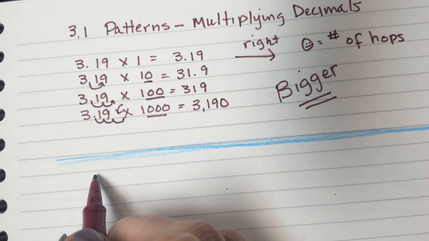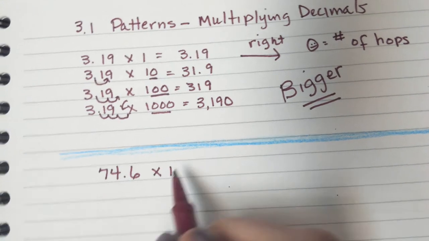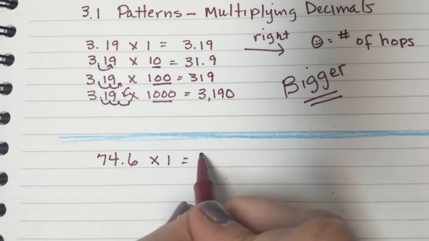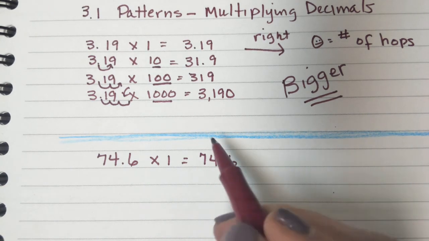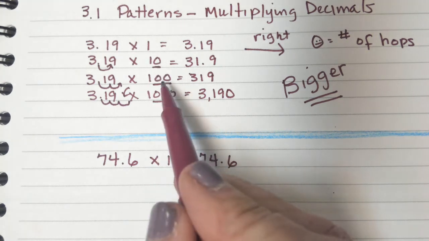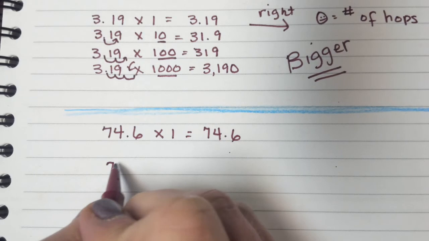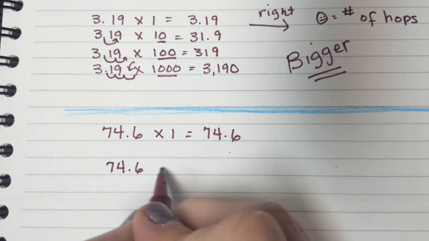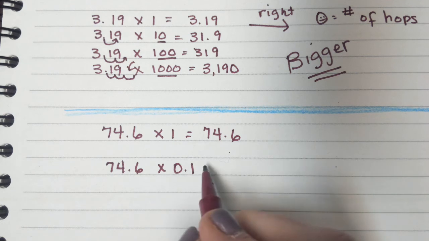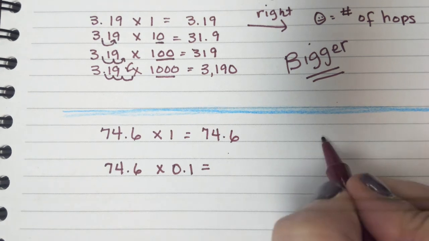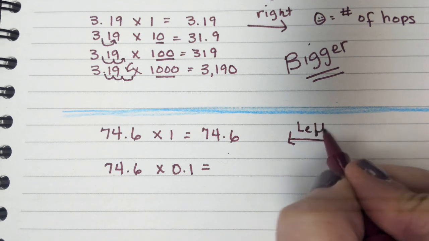And we're going to say, like 74 and 6/10. And we're going to start out easy, multiplying it by 1. Well, that's 74 and 6/10. But instead of multiplying by 10, 100, or 1,000 this time, what if we say 74 and 6/10, but this time we're going to multiply it by 1/10. That actually means we're going to go to the left with our decimal.